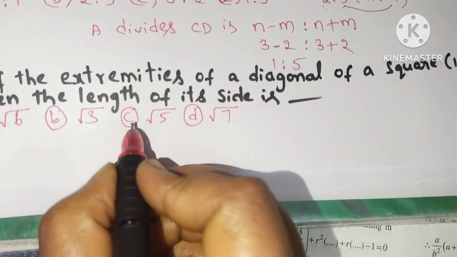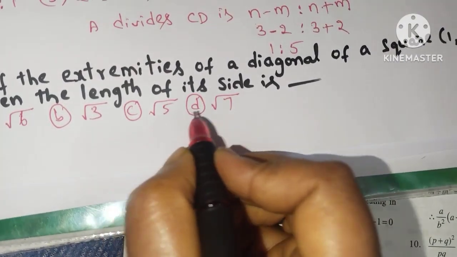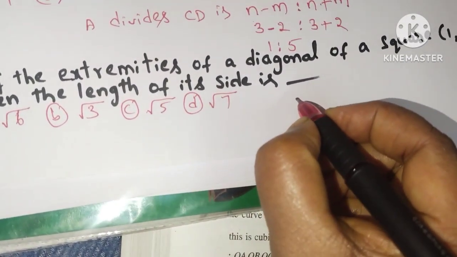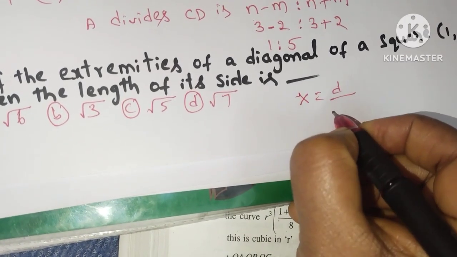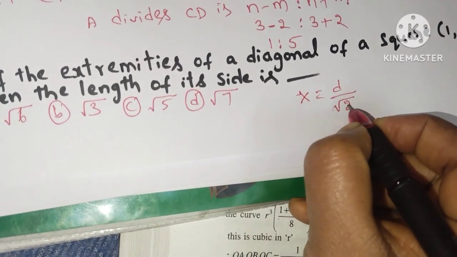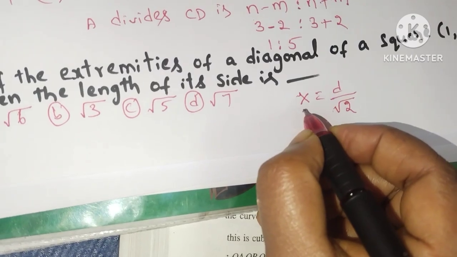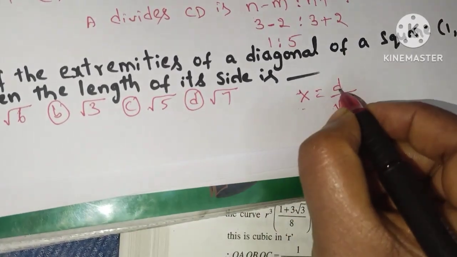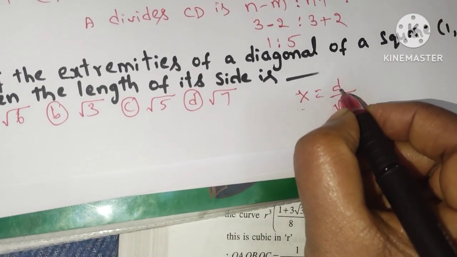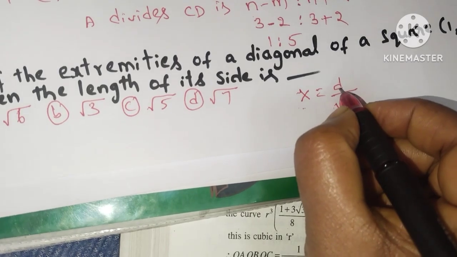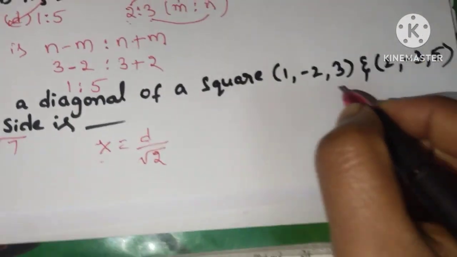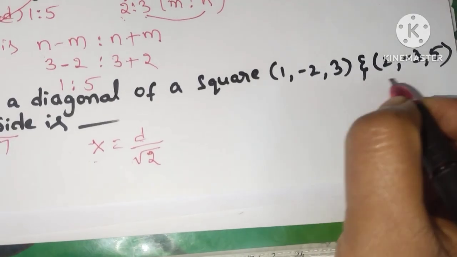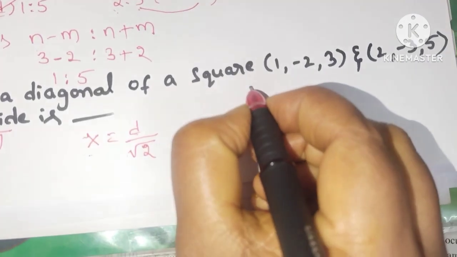So to find the length of its side for a square, the formula is x is equal to d by root 2. This x is the length of its side. How can we find this d? D is the length of the diagonal. They have given here diagonal points. These two are diagonal points. Now find the distance between these two, we get d.